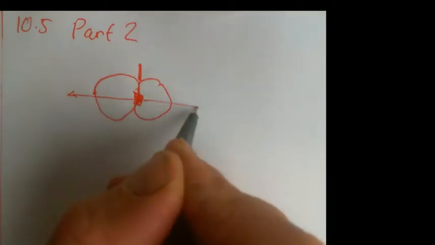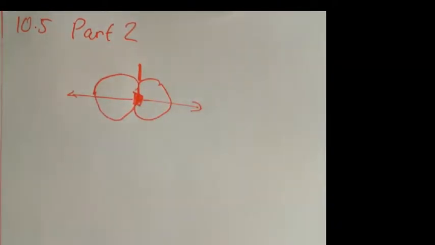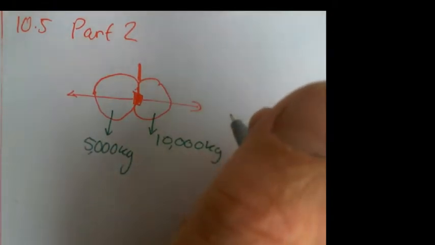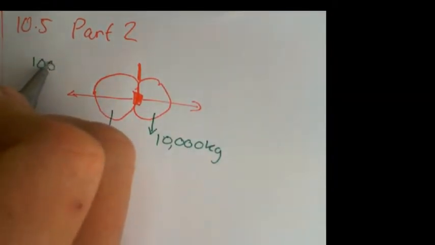So let's say that I've got a rock, and I've got another rock here, and you drill into it, and you put some dynamite here, and you split this rock off in two exact pieces, 2 bits, and you know that the mass of this bit is 5,000 kilograms, and you know that the mass of this bit is 10,000 kilograms, and you know that the velocity of this bit is 100 meters per second.